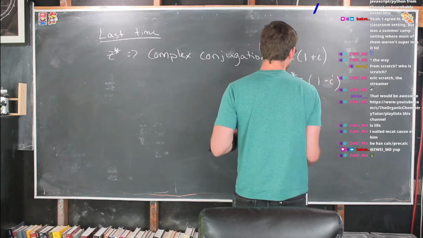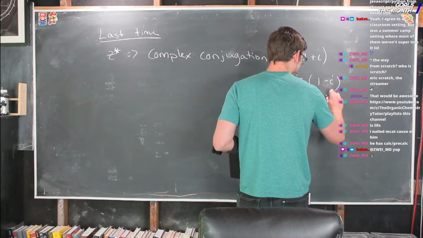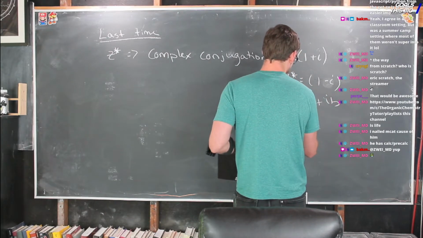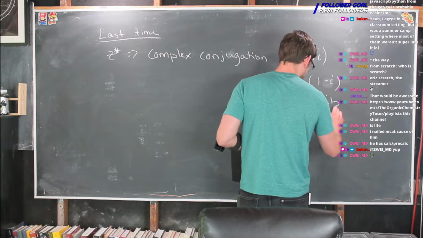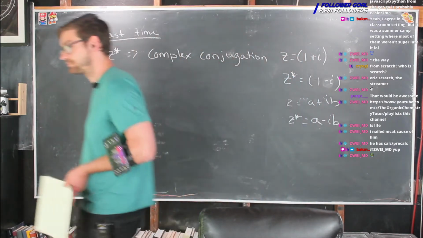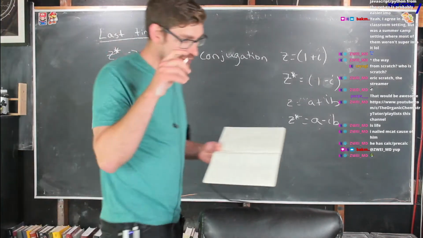A more closed form would be: if z is equal to a plus ib, then the conjugate is what you get when you change the sign in front of the complex term. Okay? That's conjugation, and it will be relevant today, to some degree.